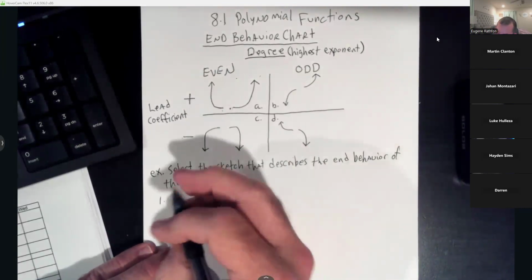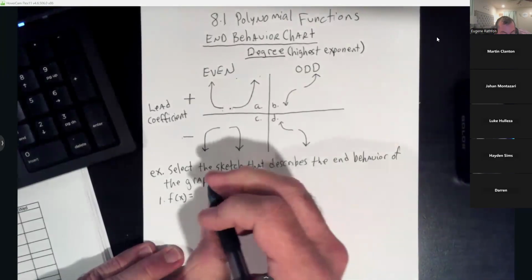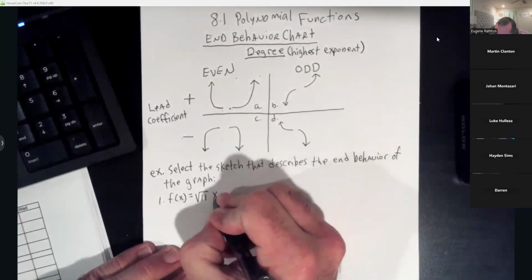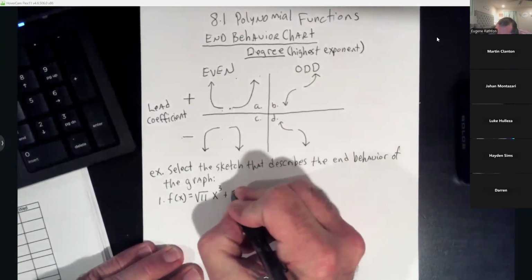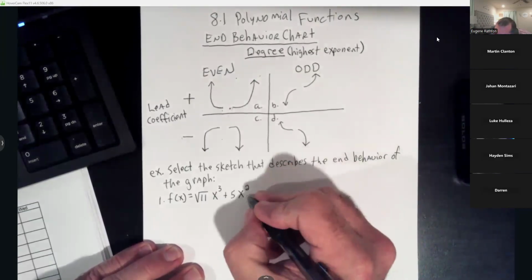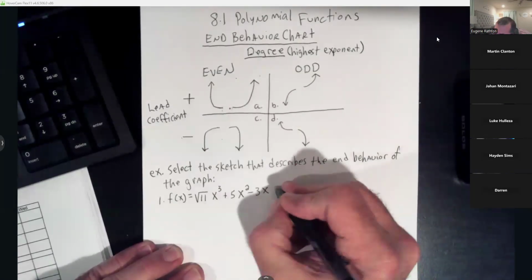So y'all, my first problem is f of x equals the square root of 11 x cubed plus 5x squared minus 3x plus 5.